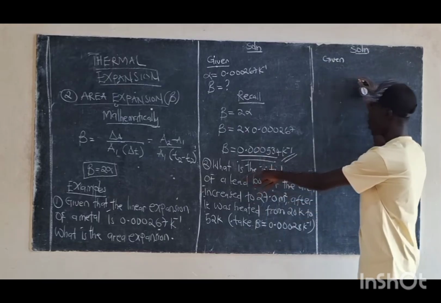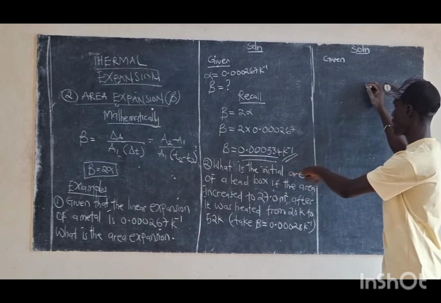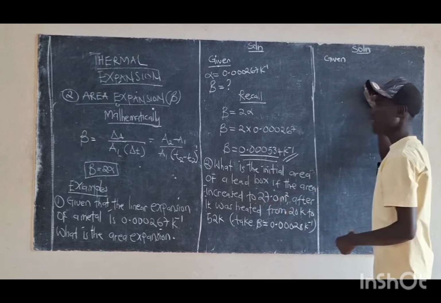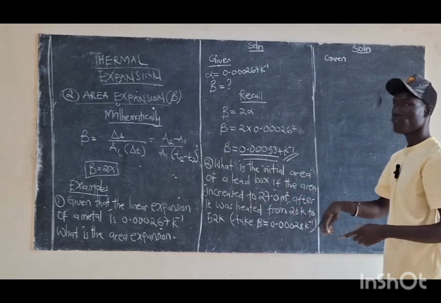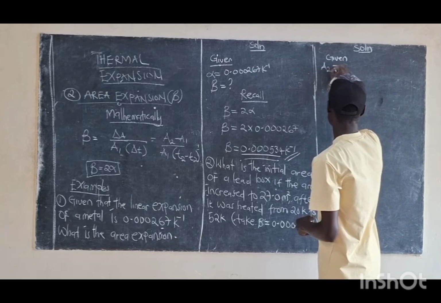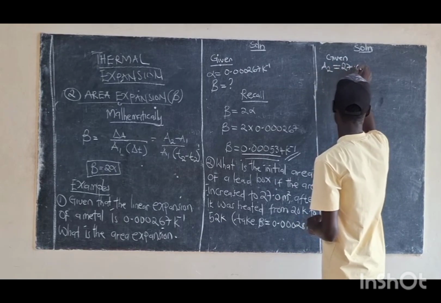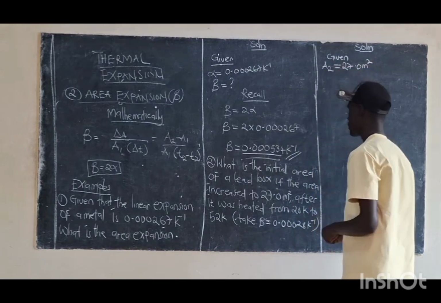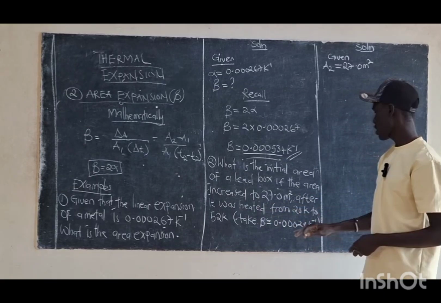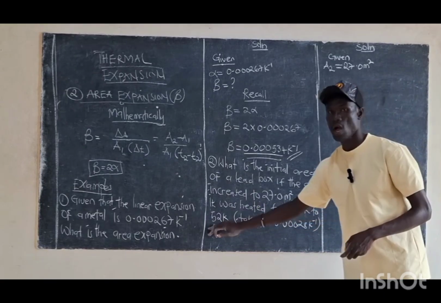Here we are given: what is the initial area of the lead box if the area increased to. That means that one is our final area, which is A2, equal to 27.0 meters squared. After it was heated from 20 Kelvin to 52 Kelvin, this is our initial and this is our final.